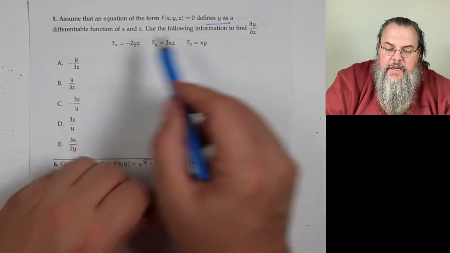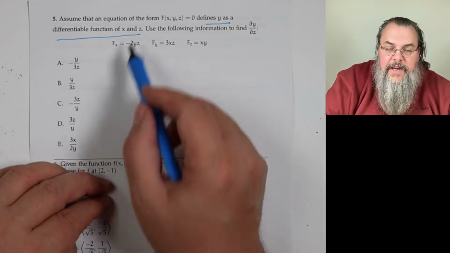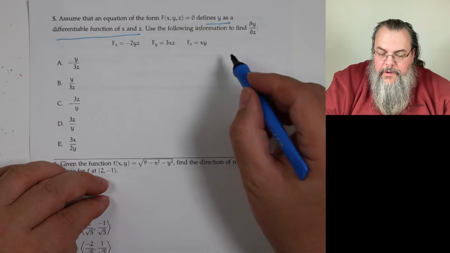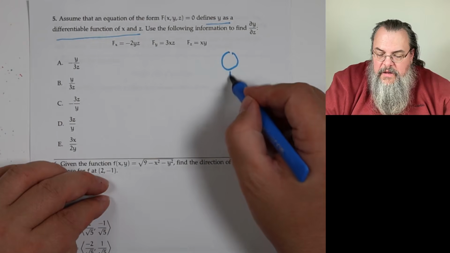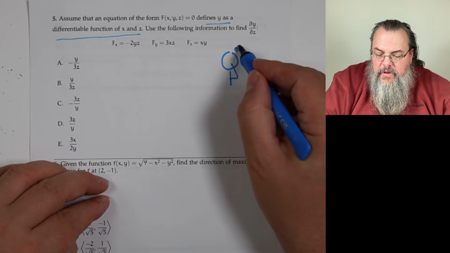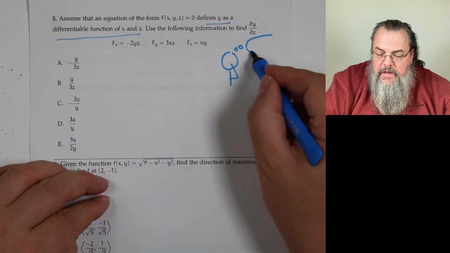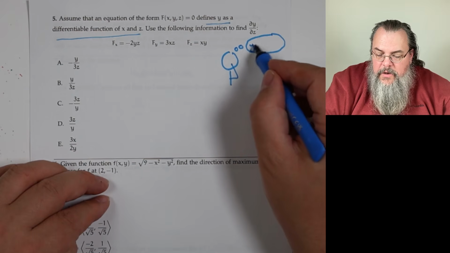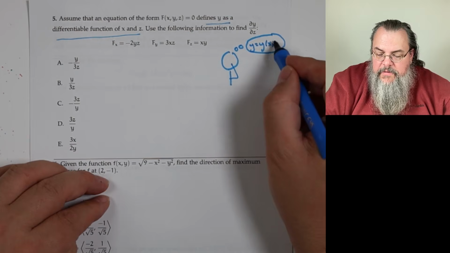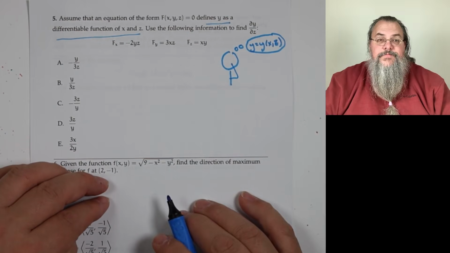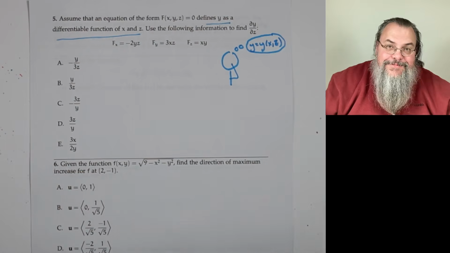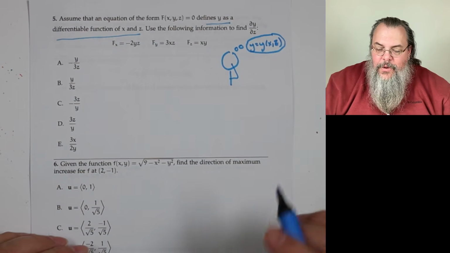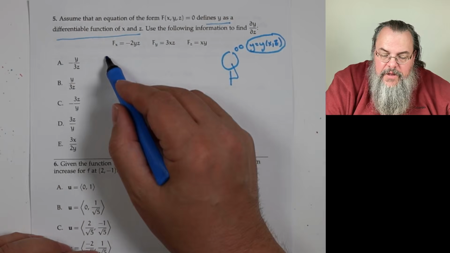Notice there's a special thing here. Defines y as a differentiable function of x and z. What that means is that as we look at this, we say, oh, that says y really looks like y of x comma z. So that's what that means. All right, so what does that say?